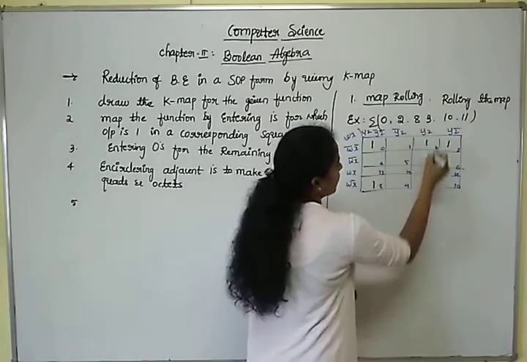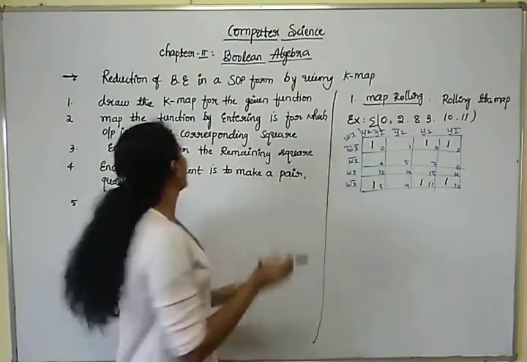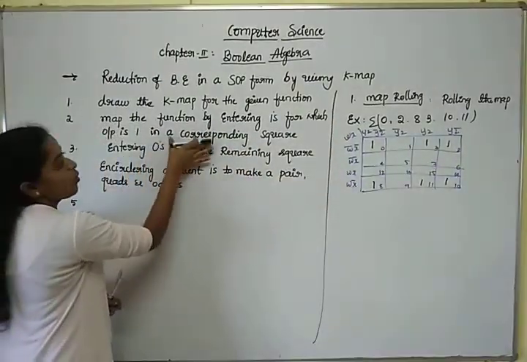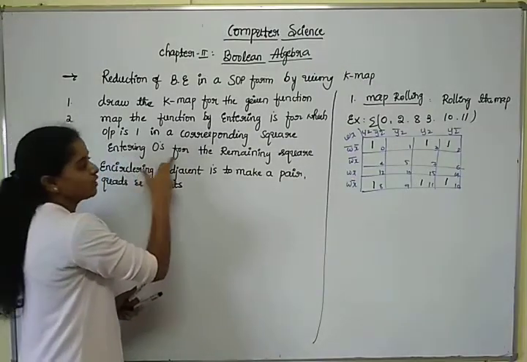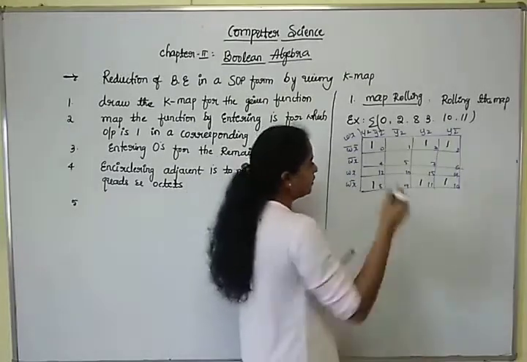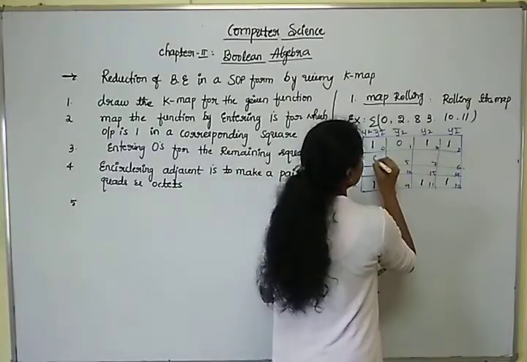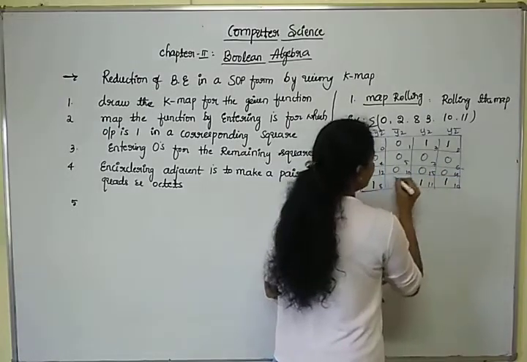Similarly 8, 3, 10 and 11. After entering the ones in the corresponding squares, the third step is entering 0 for the remaining squares.